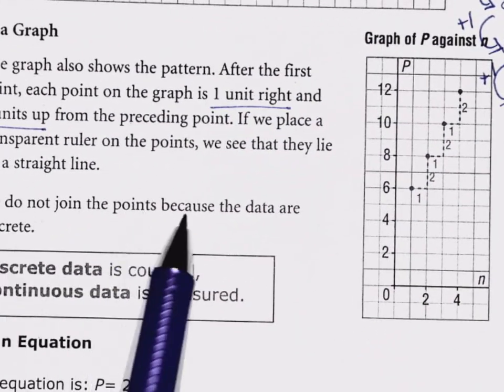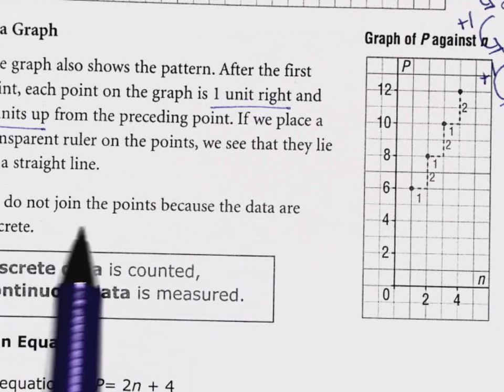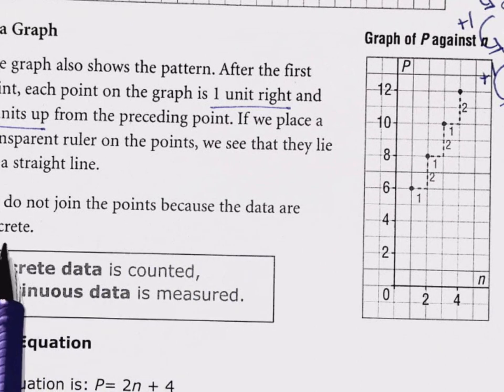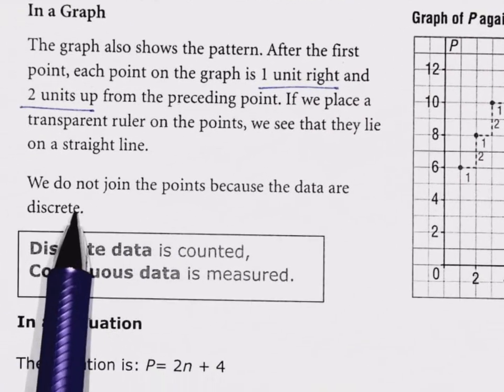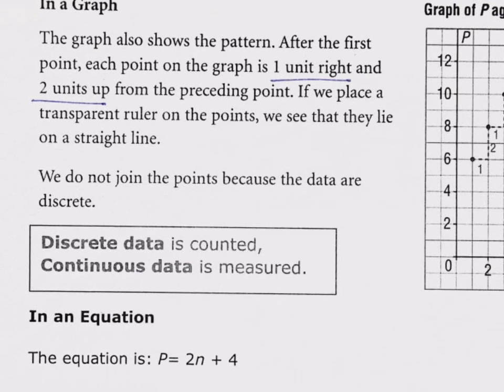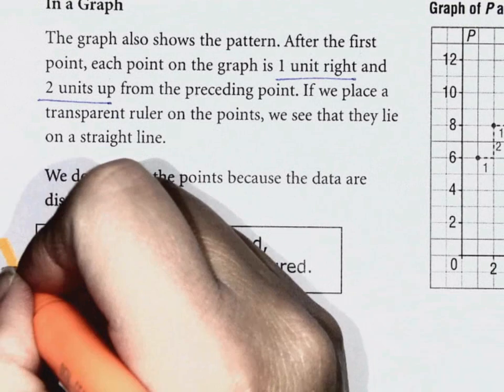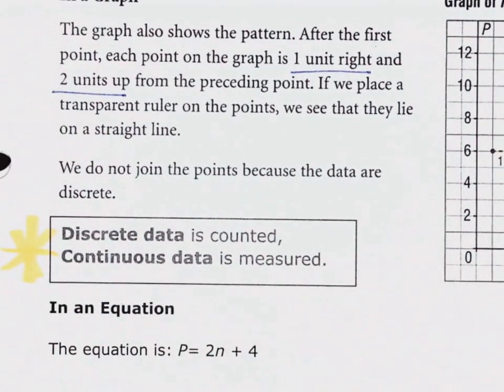We do not join the points because the data that's given is discrete. Here is what you need to know. Put a big star beside it, because when you graph something you always have to ask yourself: is the data discrete? Is it counted? Are there values in between? Or is it measured?